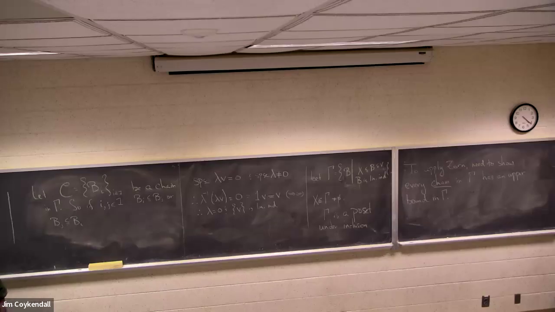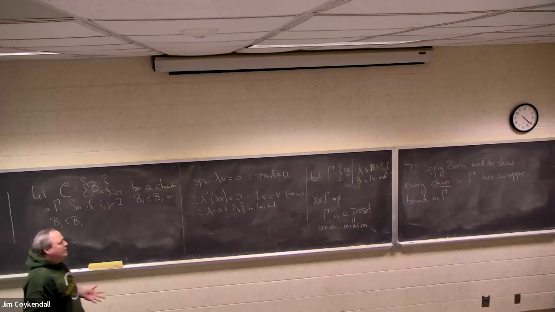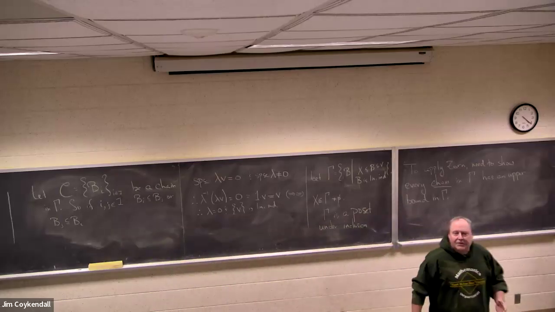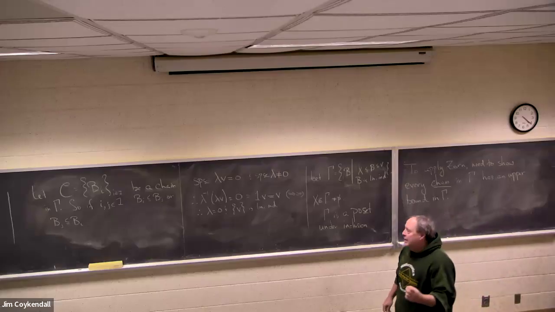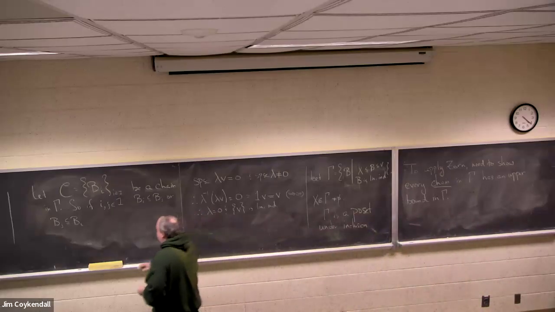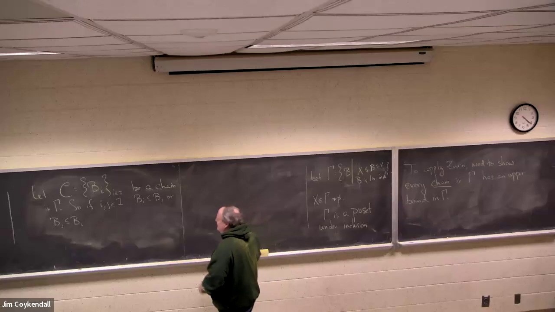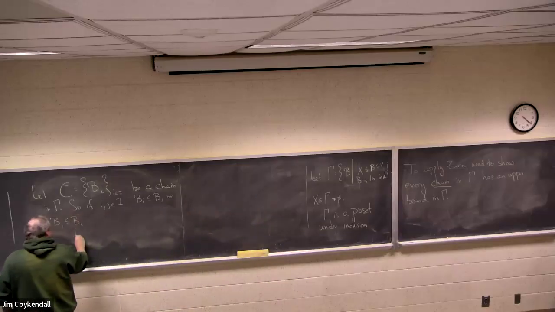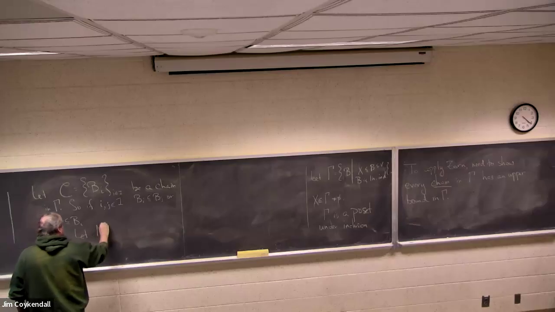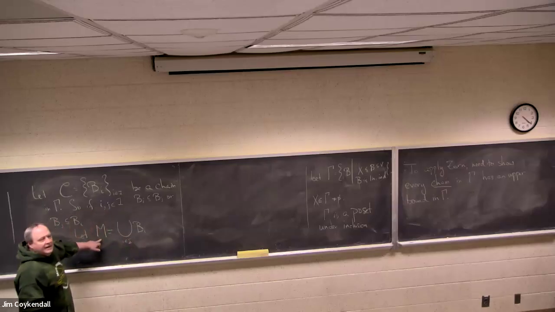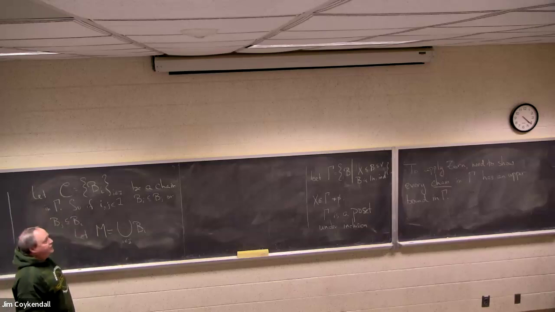Now, again, if I take a union of a couple of linearly independent sets, there's no way I expect the union of, say, two randomly chosen linearly independent sets to still be linearly independent. But the chain here is going to save us. So here's what I want to do. I am going to let M be the union of everything in this chain.